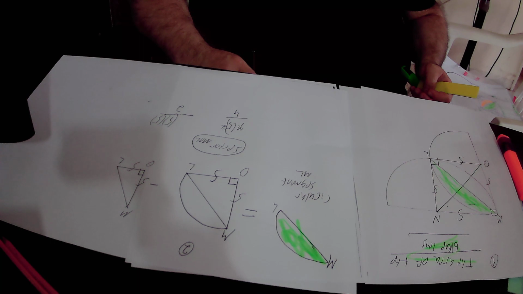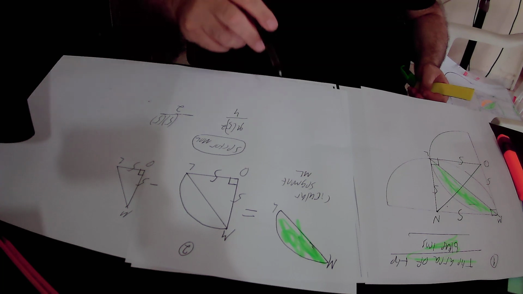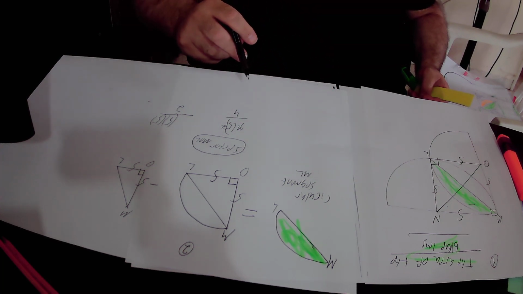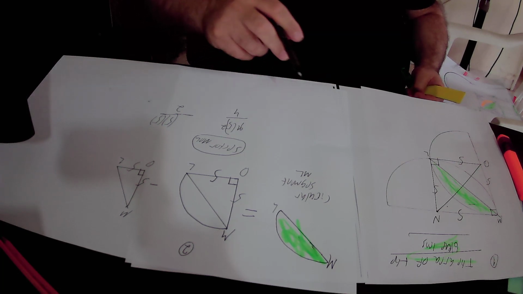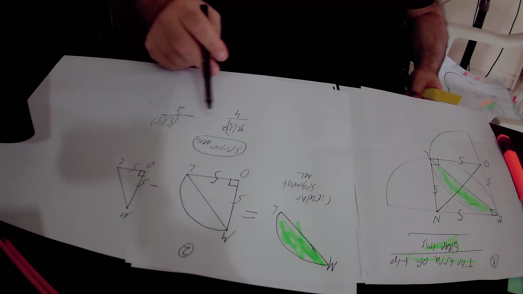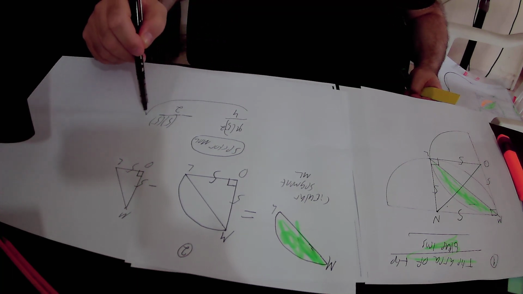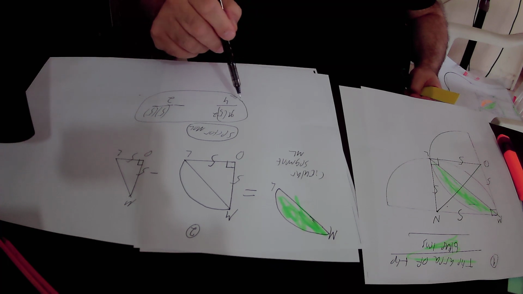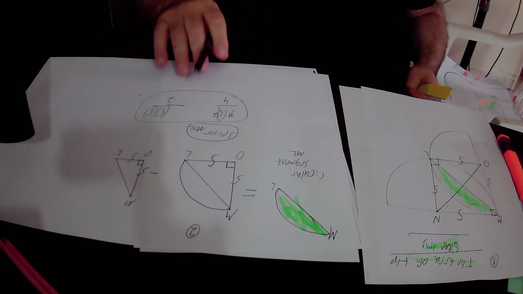Now, in order to get the area of the lens, we have to multiply the area of circular segment ML, that is equal to this expression, by 2, and this will give us the area of the blue lens.